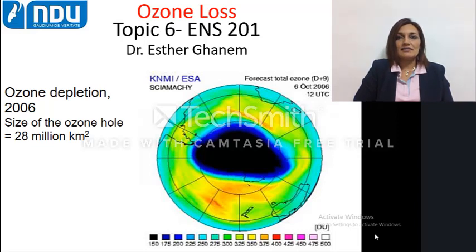We will see why this loss is taking place. Is it natural or anthropogenic? Is there any recovery? We hear about recovery of ozone, especially over the Antarctic pole. And we will see the strategies or ways that are being used in order to reduce this loss in ozone levels.